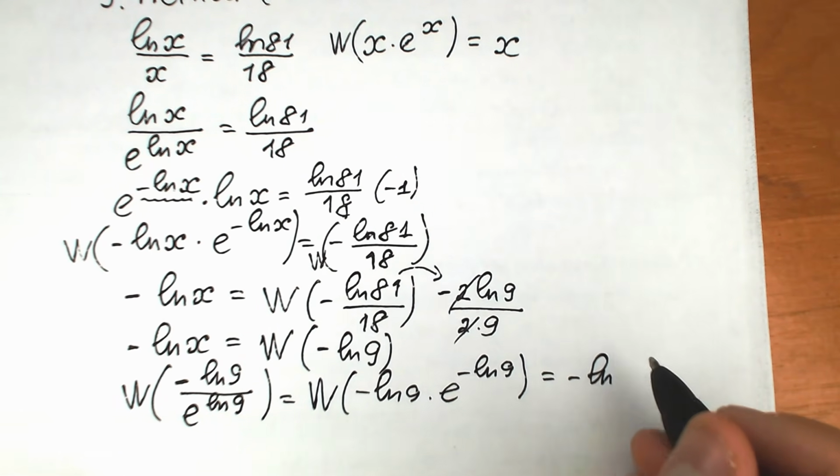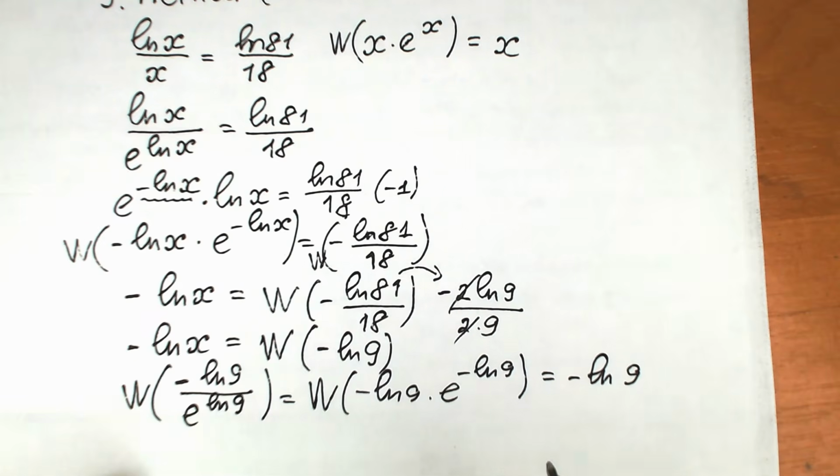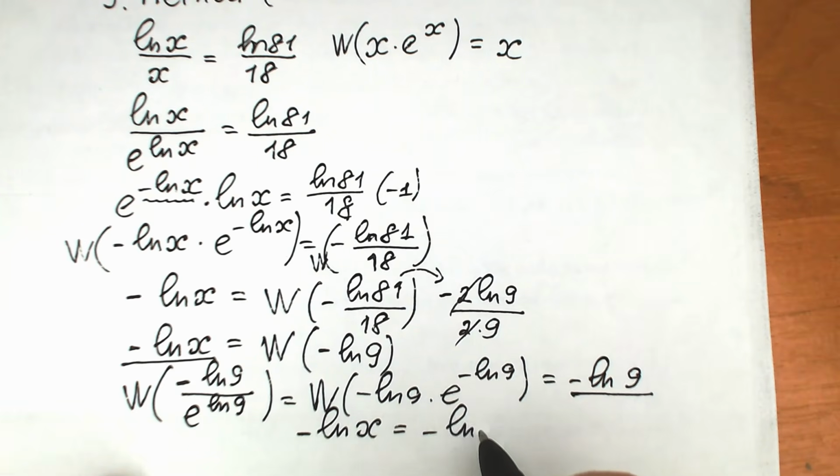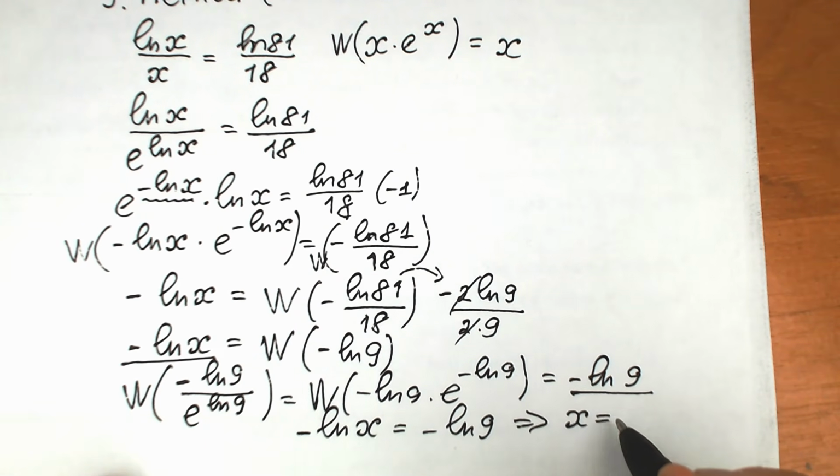And the last step: minus natural log x on the left hand side, and on the right hand side minus natural log 9, which gives us the final equation, minus natural log x equal to minus natural log 9. And from here, x equal to 9. This is our solution to this challenge.